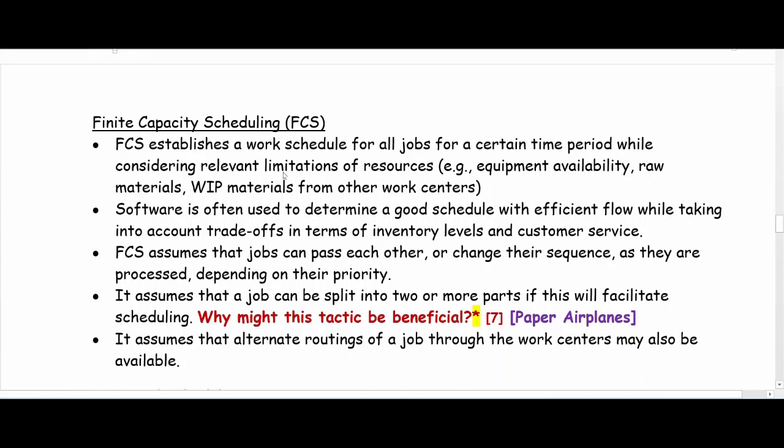Finite capacity scheduling, FCS, assumes that a job can be split into 2 or more parts if this will facilitate scheduling. So let's say that you want to make 200 parts. Well, the customer may be really eager to get these parts for whatever reason. Their volumes are low, their inventory is low. So you may say, well, you know what, there's 200 parts we're going to send you.